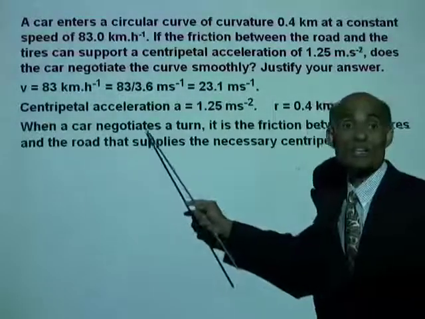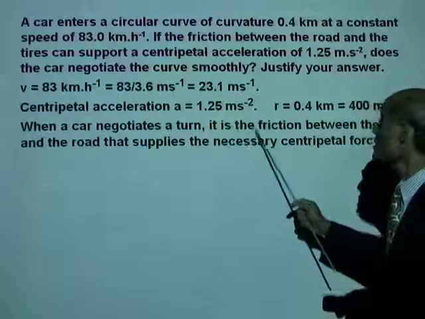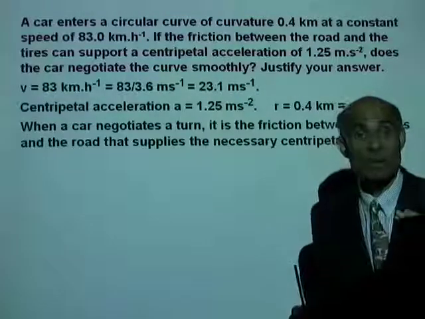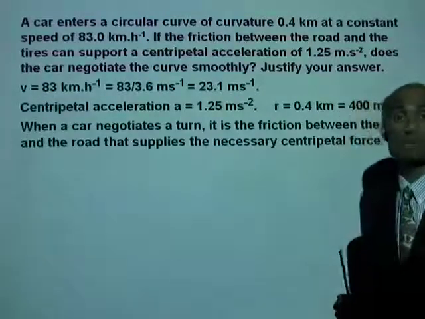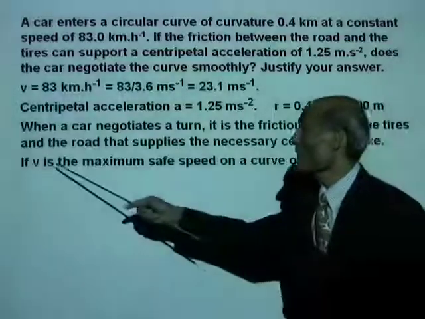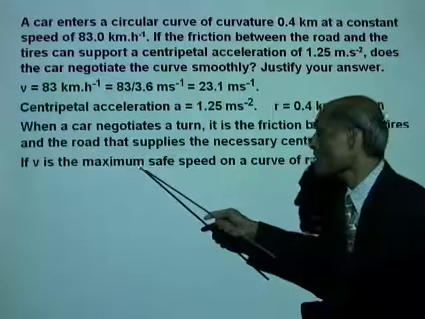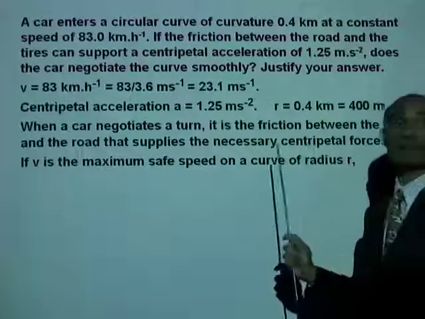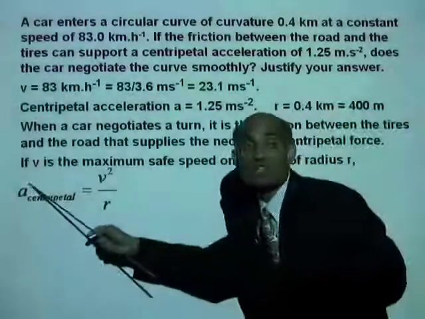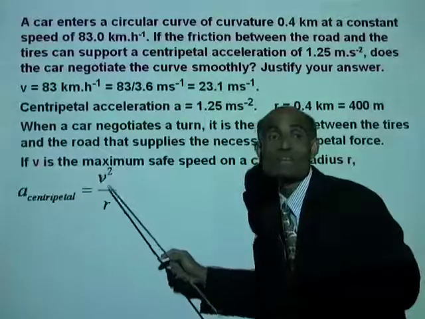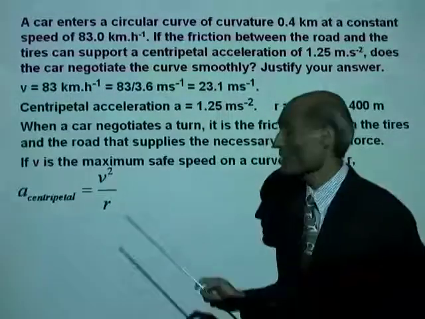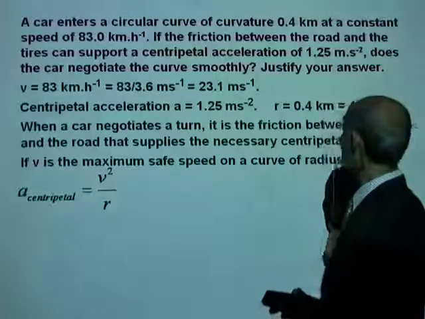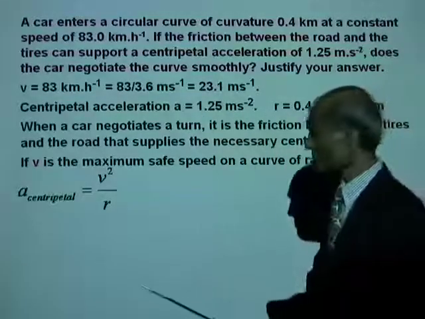When the car negotiates a turn, it is the friction between the tires and the road that supplies the necessary centripetal force. Now, if v is the maximum safe speed for this curvature r, then the centripetal acceleration is v squared over r, where v is the safe speed for that particular curve.